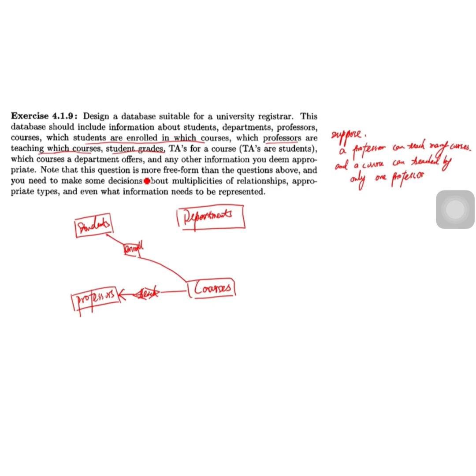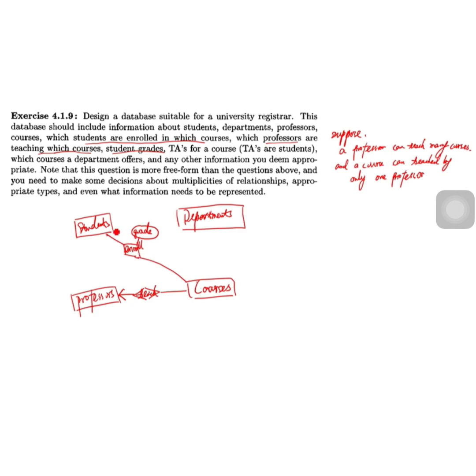Okay, now student grade. The grade is what the student gets in some course. So the grade is an attribute of a relationship.